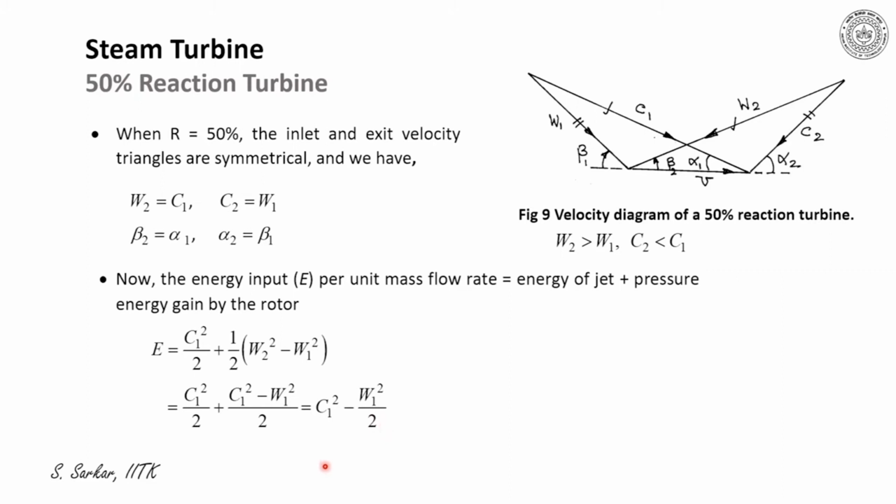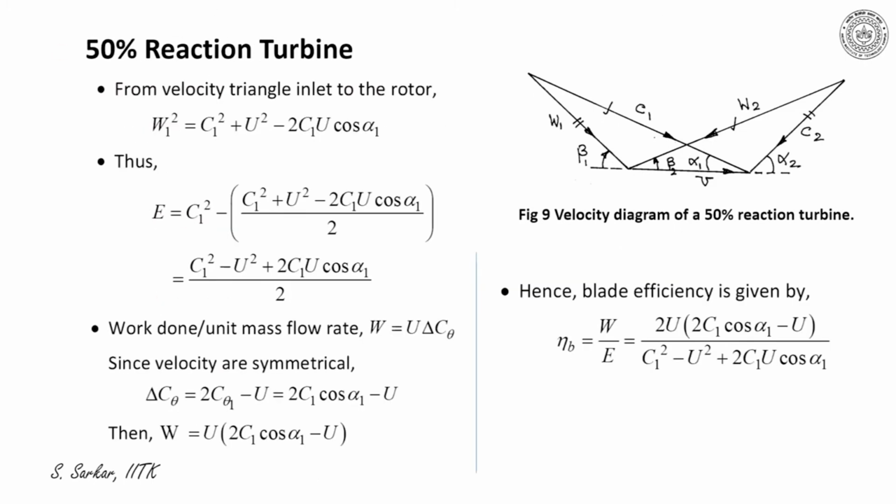Thereby, E can be given as C1 square minus W1 square by 2. Now, from the inlet velocity triangle to the rotor, I can write W1 square is equal to C1 square plus U square minus twice C1 U into cos alpha 1.